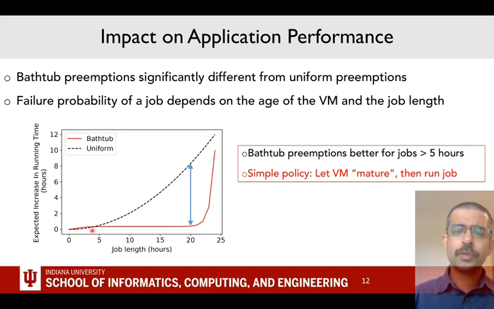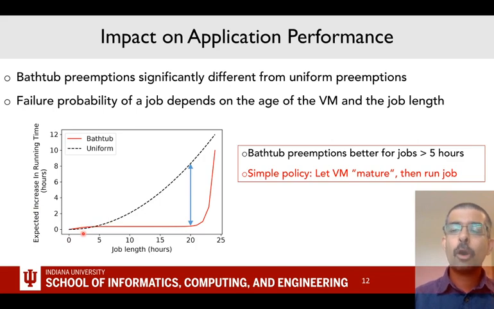The red line shows this expected increase due to preemptions for the Bathtub preemption that you observed. So interestingly, for short jobs of less than 5 hours, because they encounter these early preemptions, their expected increase in running time is slightly higher as compared to the uniform preemptions.